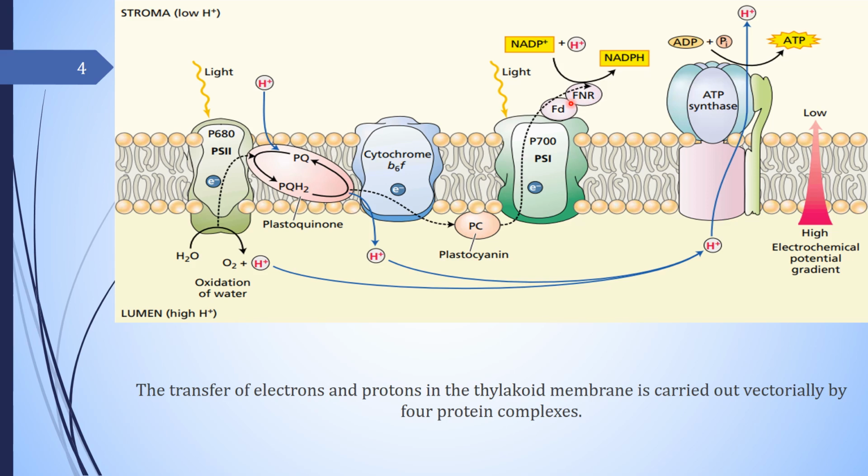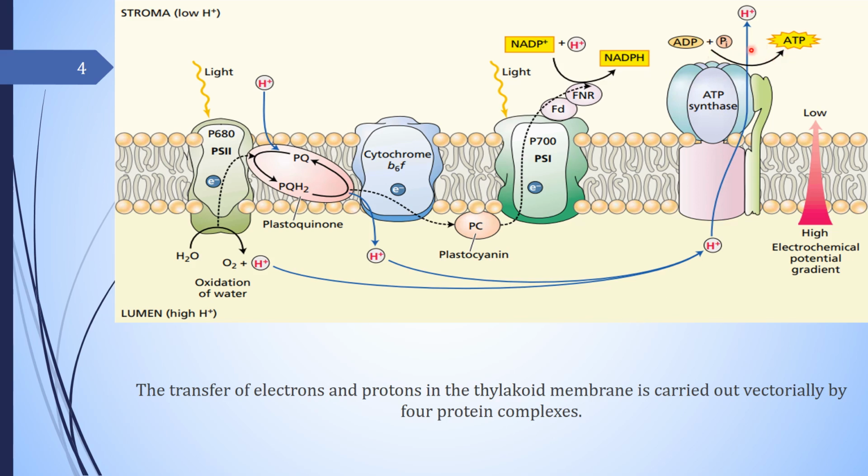Protons are also transported into the lumen by the action of the cytochrome b6f complex and contribute to the electrochemical proton gradient, the PMF. These protons must then diffuse to the ATP synthase enzyme, where their diffusion down the electrochemical potential gradient is utilized to synthesize ATP in the stroma.